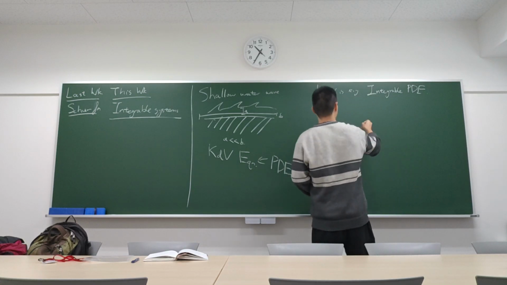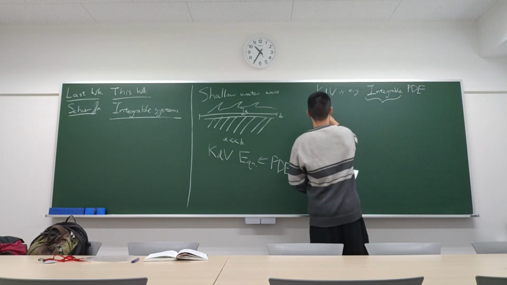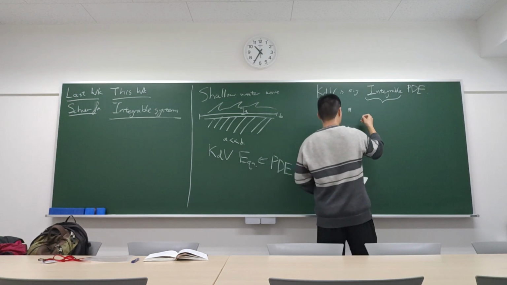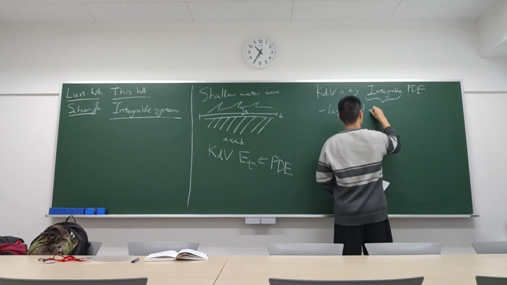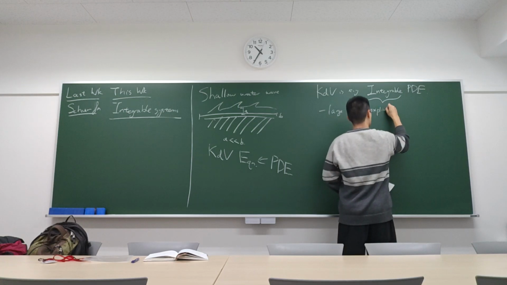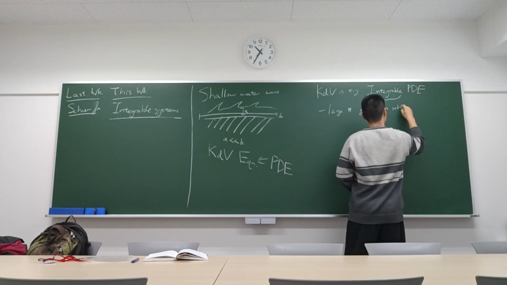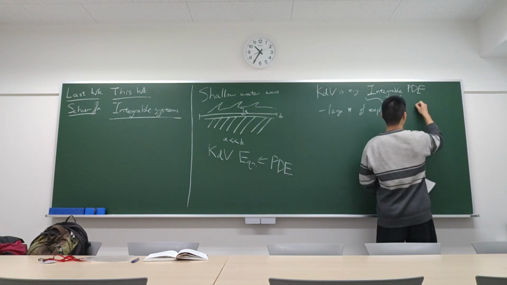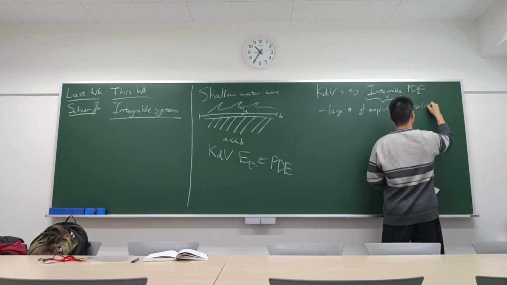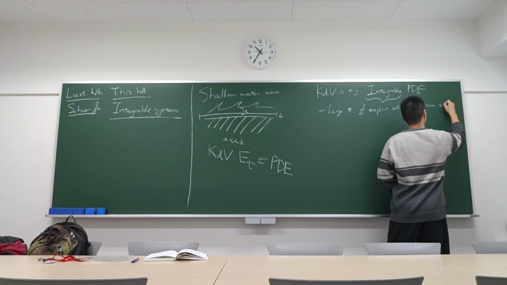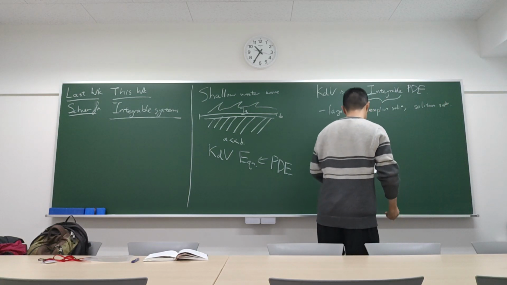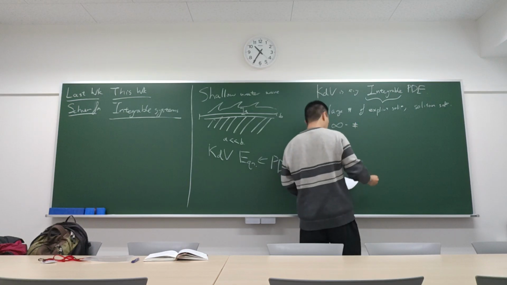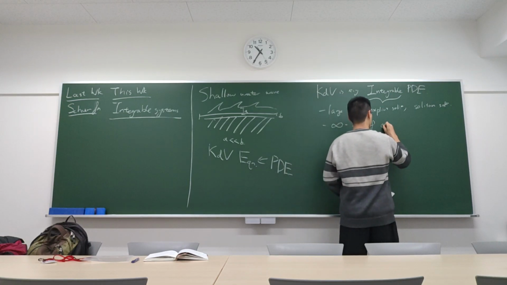So what this means is that first, we have a large number of explicit solutions, especially, probably the most interesting ones are soliton solutions. And second, there are infinitely many conserved quantities.